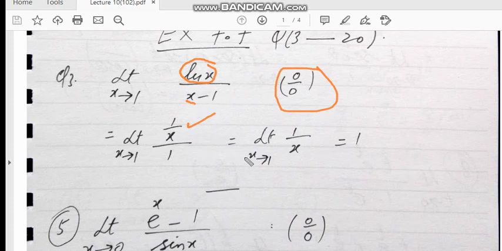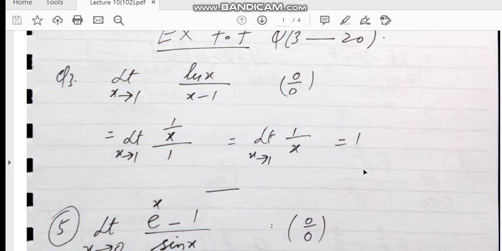So after taking derivative of numerator and denominator, we again check the limit by putting in the function got after finding derivatives. Now if we apply x approaches 1, we get an answer. So we need not apply the L'Hopital rule again.